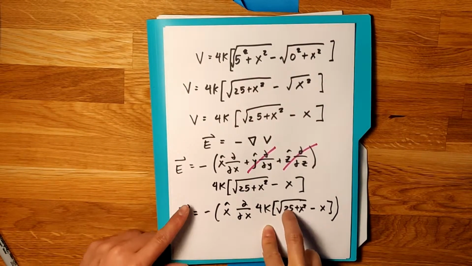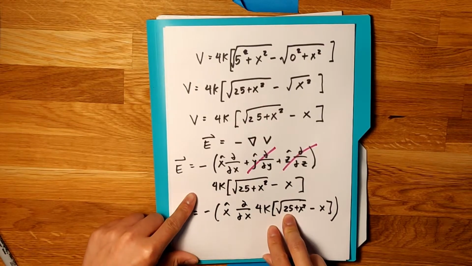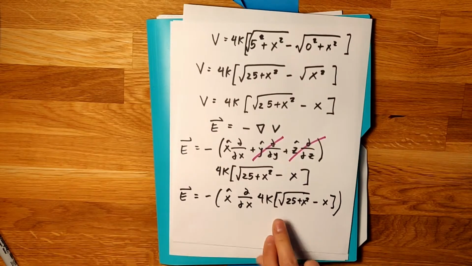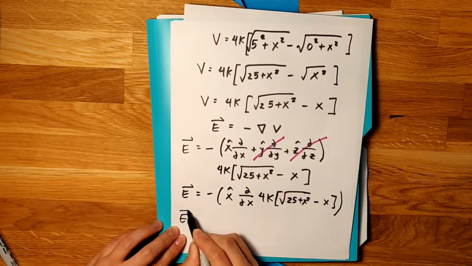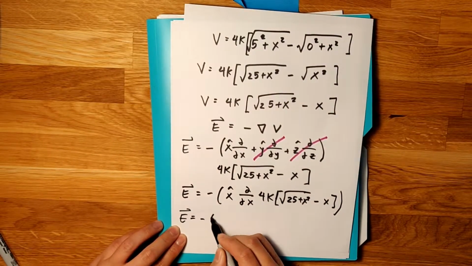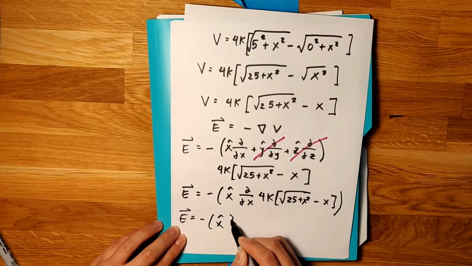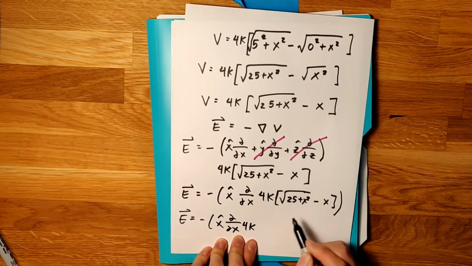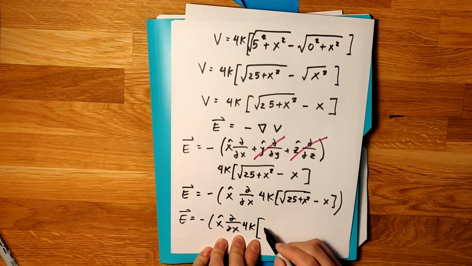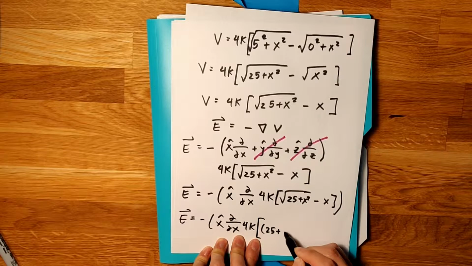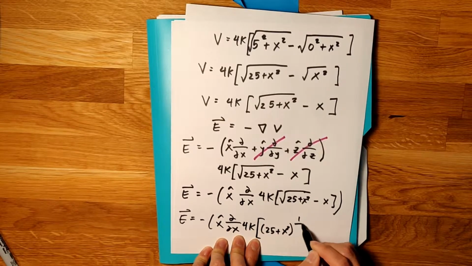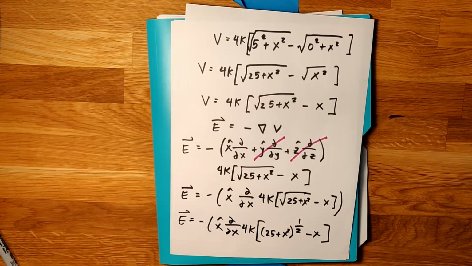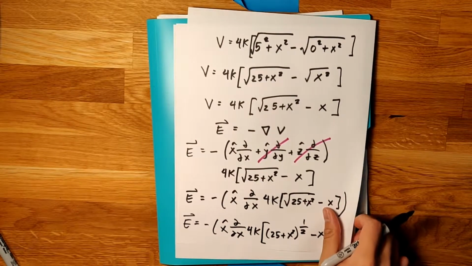So now, solving for this partial derivative, I can write E as equal to negative x hat partial derivative of x of 4k times (25 plus x squared) to the 1/2, minus x. And it will make it easier to do the derivative.